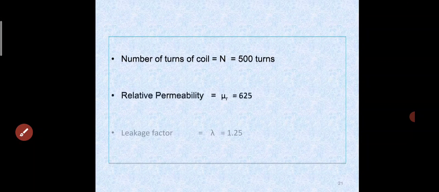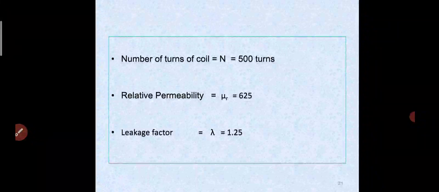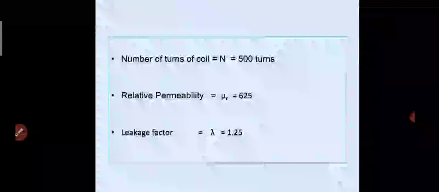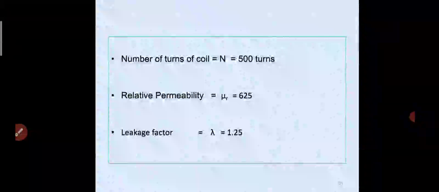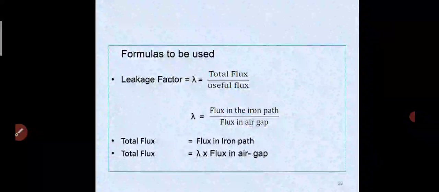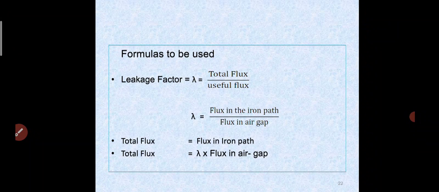And the number of turns of the coil N is equal to 500 turns, and relative permeability mu r is 625. Leakage factor is 1.25. The leakage factor is equal to total flux by useful flux, that is, flux in iron path by flux in air gap.